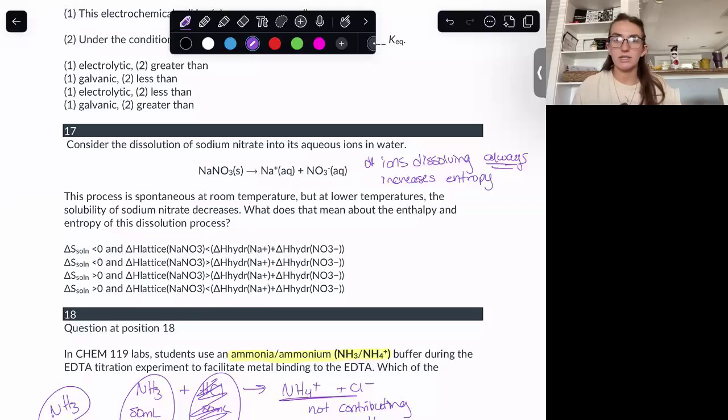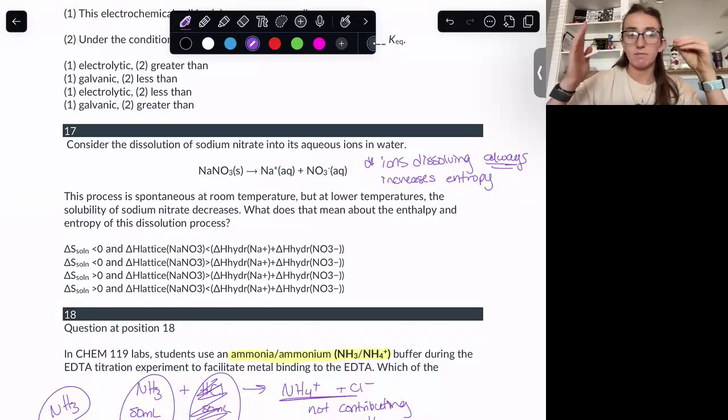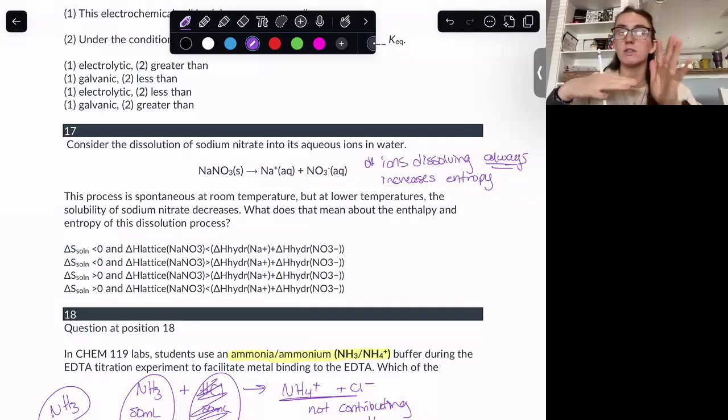It always increases the amount of disorder to have a solution over a pure solvent. So if you have a solid and you have something aqueous, that will always increase delta S, or always increase the entropy or disorder of the solution.